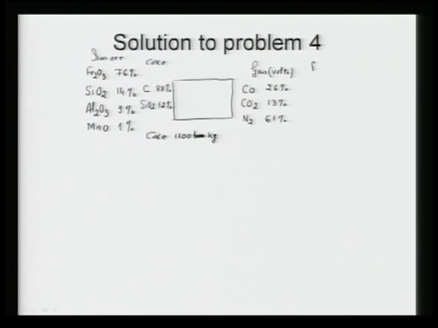Then the pig iron, its composition is given: it contains carbon which is 3.5 weight percent, silicon 1.5%, manganese 0.8% and the rest iron, which comes out to be 94.2%.